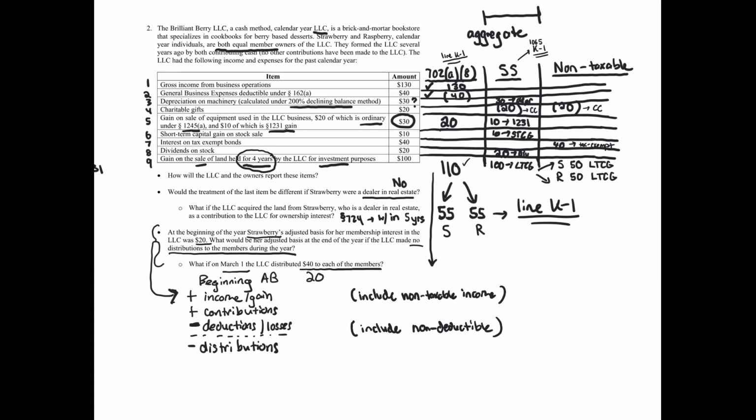Okay. So what I'm saying is, to make this simple, we are just going to take all these items and lump them up. We're going to add them together, and we're going to take half of it. Because remember, the two owners, Strawberry and Raspberry, are 50-50. So the bottom line equals 110. We got that, right?